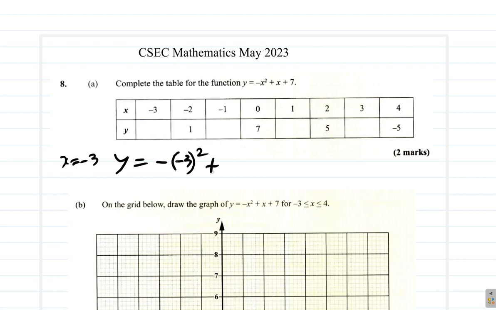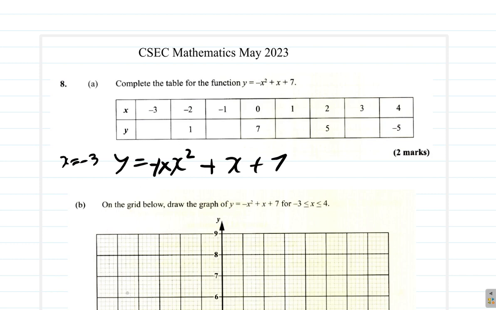Plus, and by the way, let me write out the equation here. It says negative x squared plus x plus 7. Now, negative x squared means the same as negative 1 multiplied by x squared, alright?